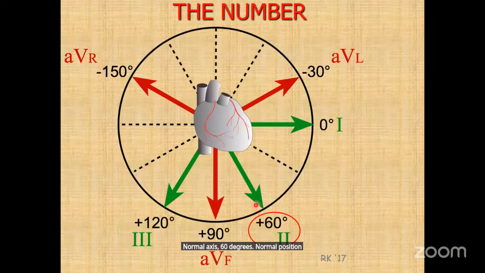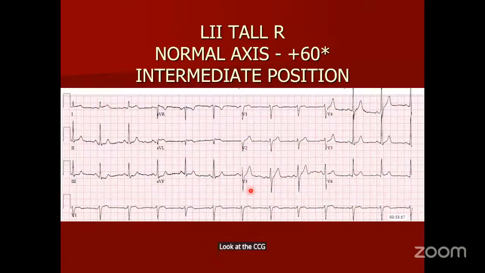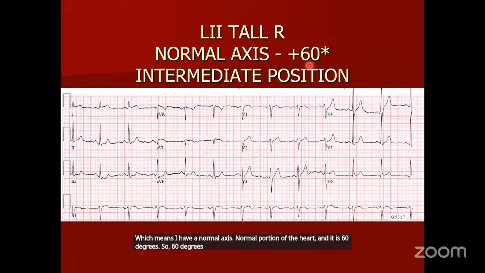Look at this ECG here. I have L2 with the tallest positive QRS complex, which means I have a normal axis, normal position of the heart, and it is 60 degrees.